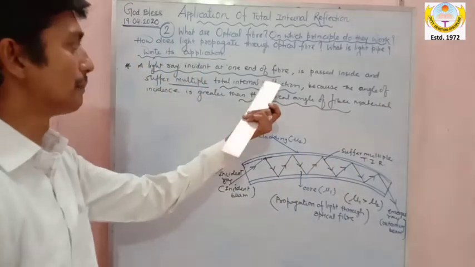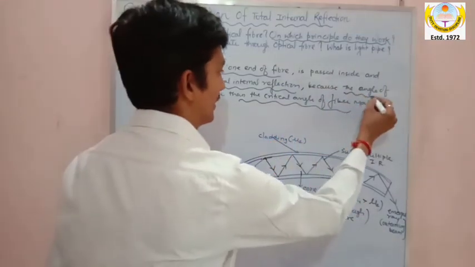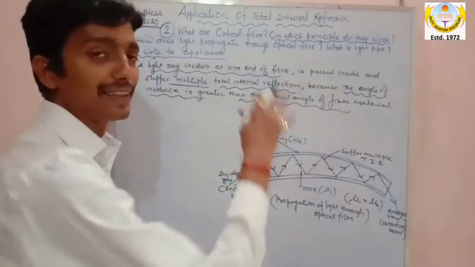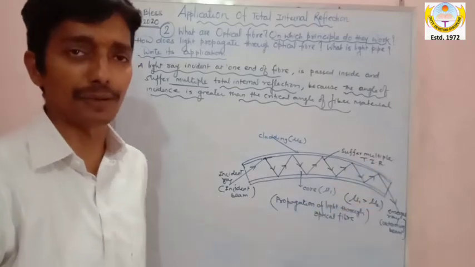So why does it suffer the multiple internal reflection? Because the angle of incidence is greater than the critical angle of fiber material. So it suffers multiple internal reflection.